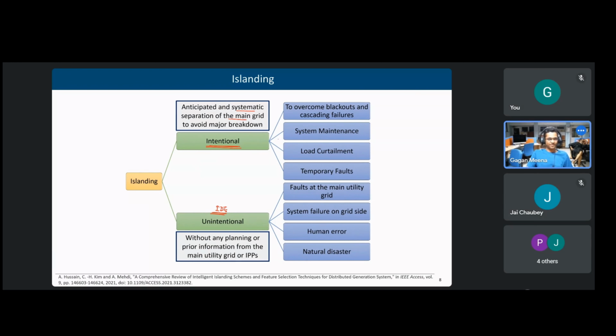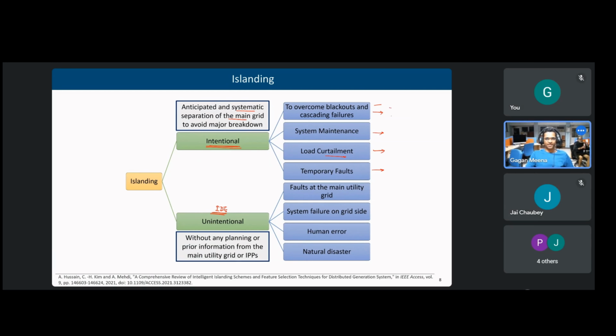But these are the scenarios where we need to go for unintentional islanding. These are without any planning, and we don't have any prior information from either the main utility or from the DERs. So this can be due to faults at the main grid, then system failure on the grid side. For example, blackout.